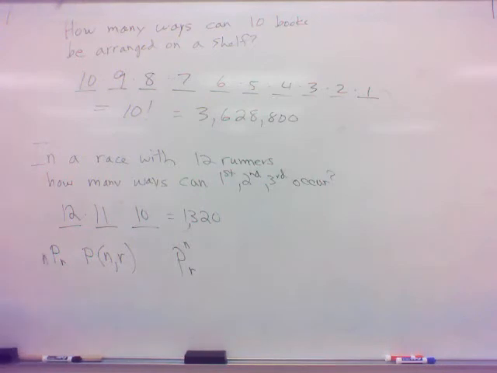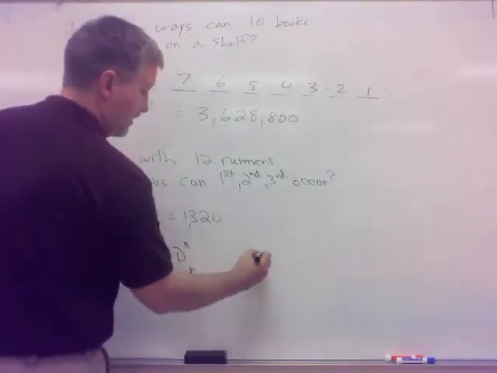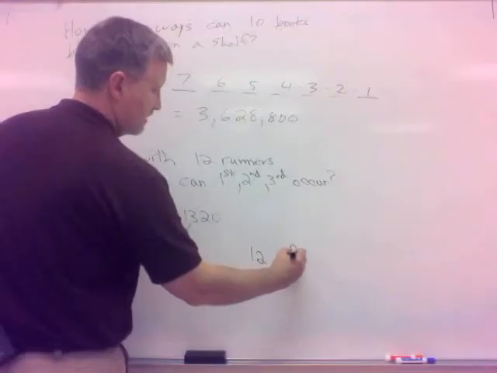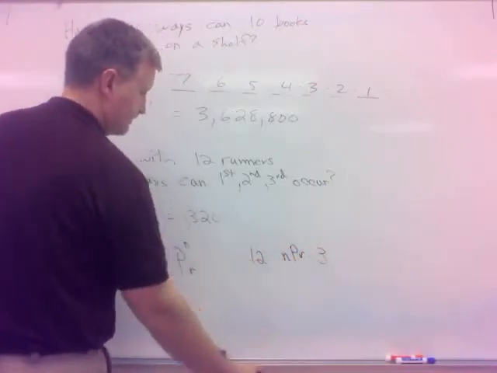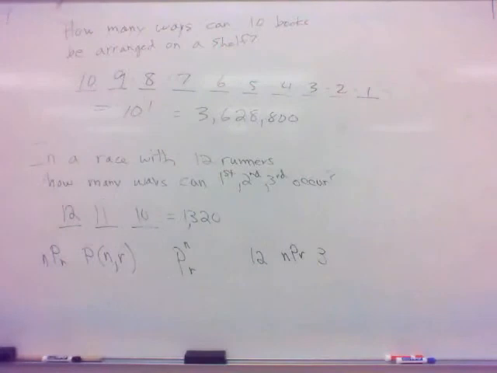Okay, so enter these numbers in. If you found that button, do this. Do 12, and then hit the nPr button, and then 3. See what you get. We'll talk about nCr in just a second. But nPr.